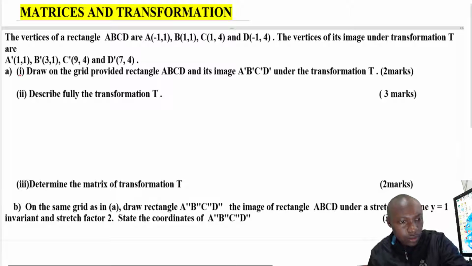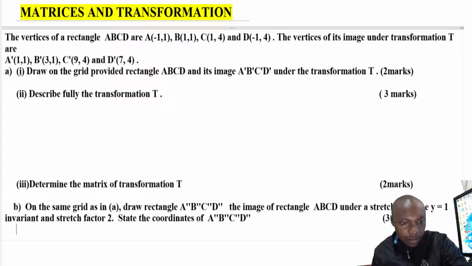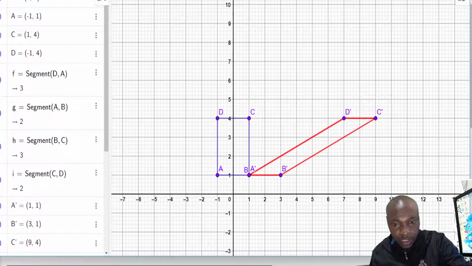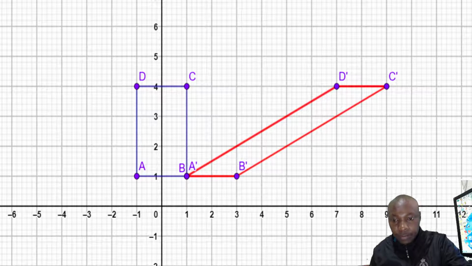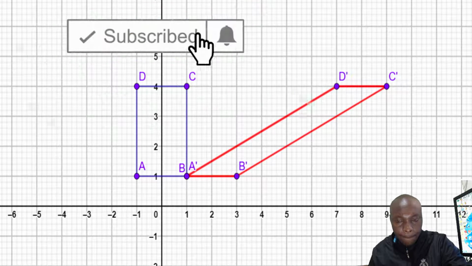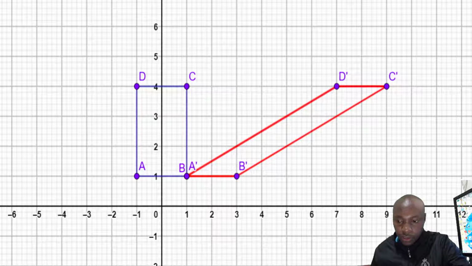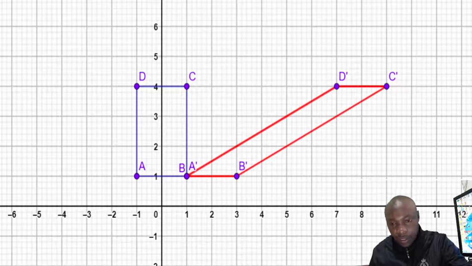And the second question, you're supposed to describe the transformation T fully. Now this is a transformation that maps a rectangle ABCD to A'B'C'D'. So we need to think of all the transformations that we know: there is rotation, reflection, translation, enlargement, shear, and stretch.